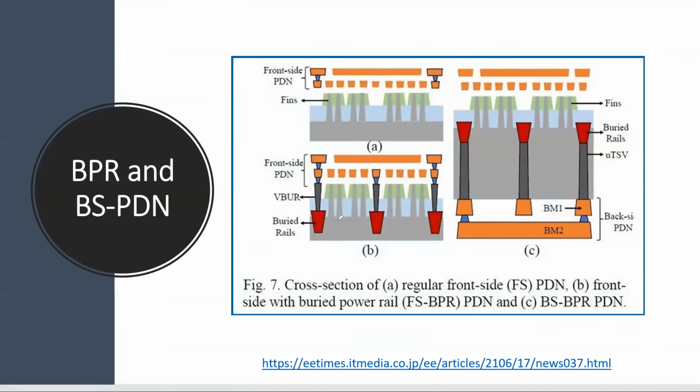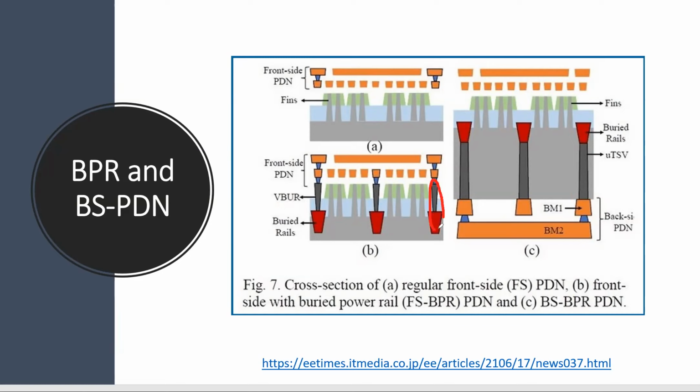So previously, the front side PDN, this is what we saw, this POR process. Let's ignore the signal now, signal didn't change. The power comes from the top all the way down. That's the front side PDN. Now they want to hijack it by intercepting with a buried rail. You have the vertical one, called a vertical buried rail.